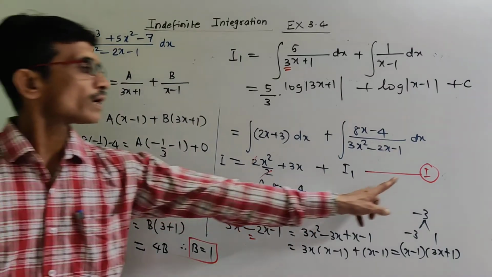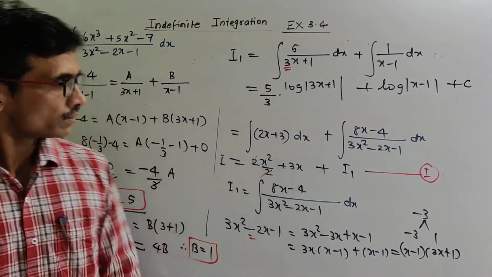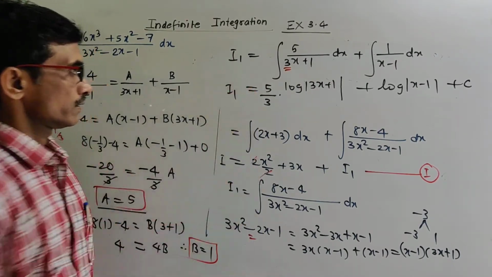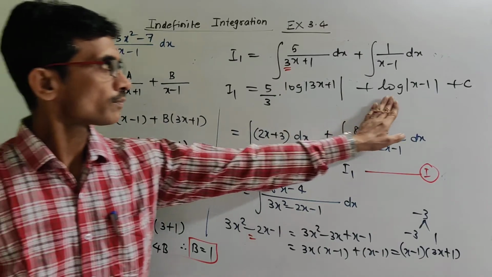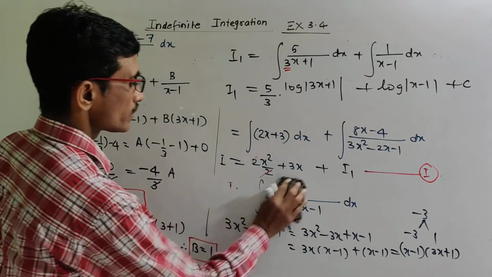Look at equation 1. Required integral I is equal to x² + 3x + I1. This is our I1: 5 by 3 log of 3x + 1 plus log of x − 1. So that we put in equation 1.